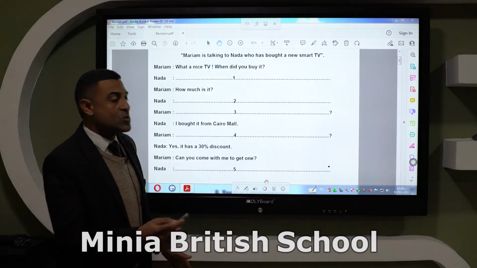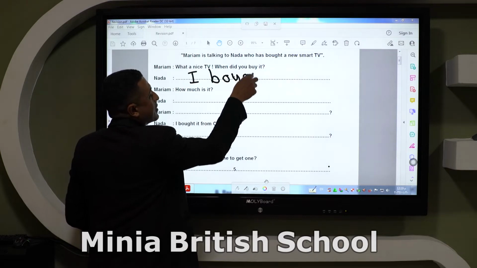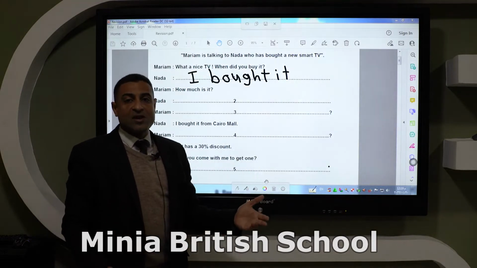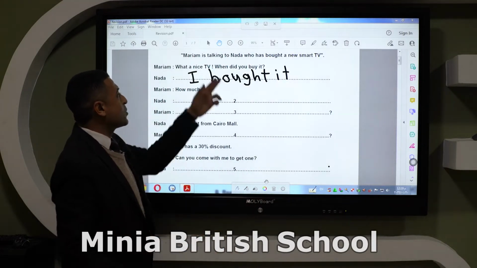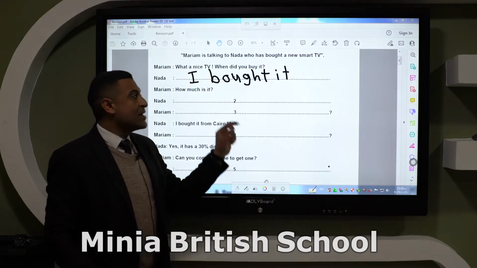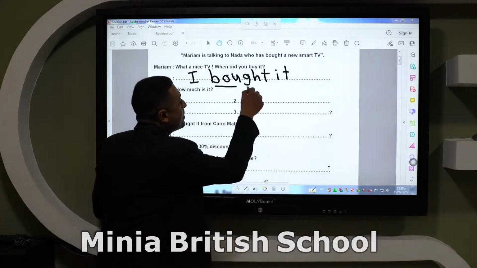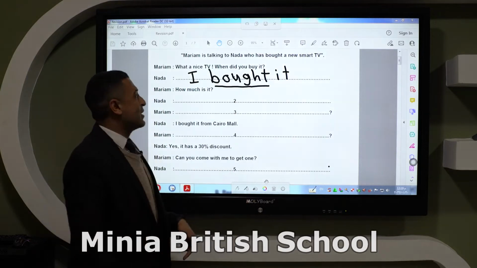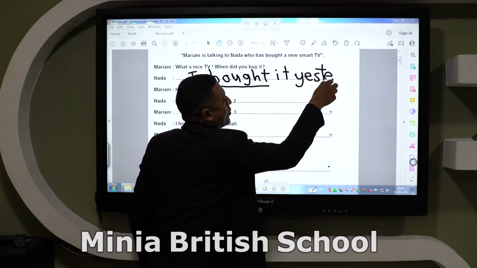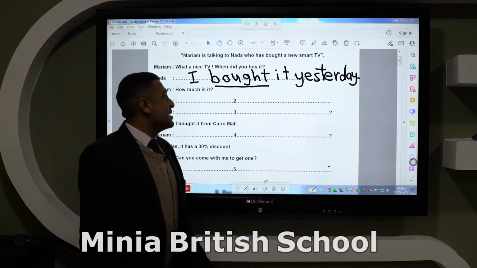So it's okay to say, I bought it yesterday, last week, or any time expression in the past, because the question is when did you buy it? So I have to answer using a time expression in the past, and the verb should be in the past as well. So I bought it yesterday. This is an example for the answer. What will happen if I say last week? Will it be okay? Yes, it will be okay.